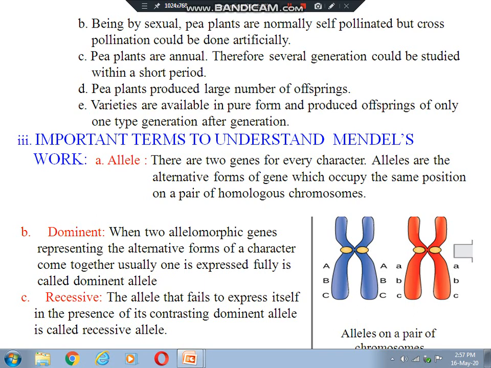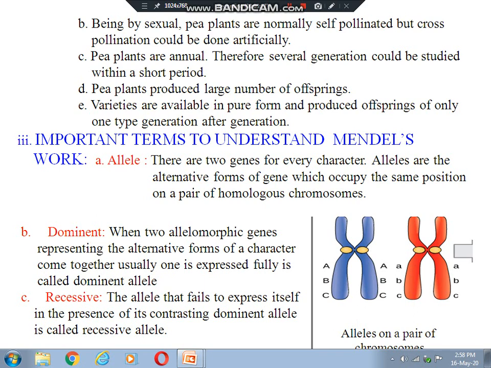The position of capital A in the blue chromosome and the position of small a in the red chromosome are same. That means the genes occupy the same position on a pair of homologous chromosomes.